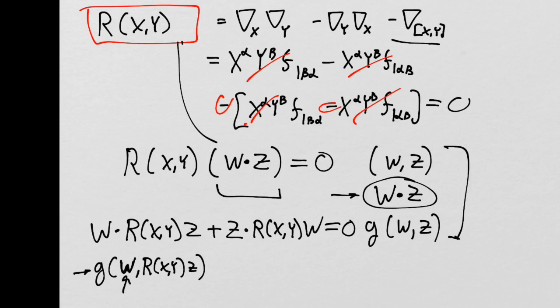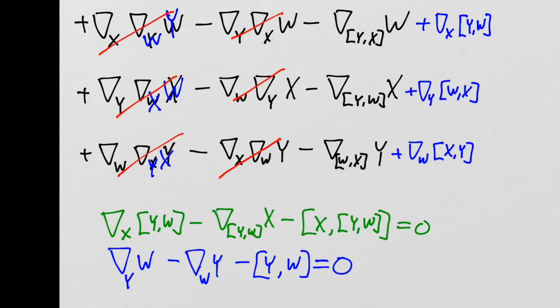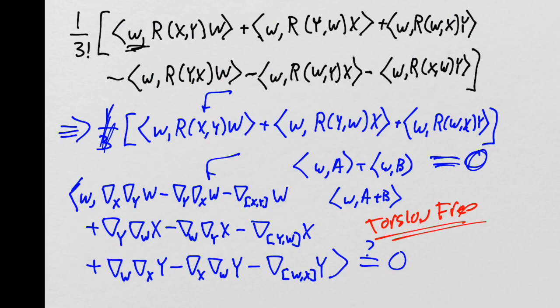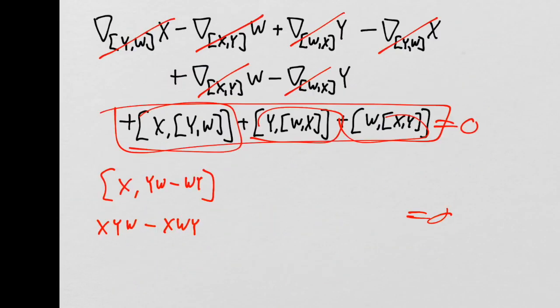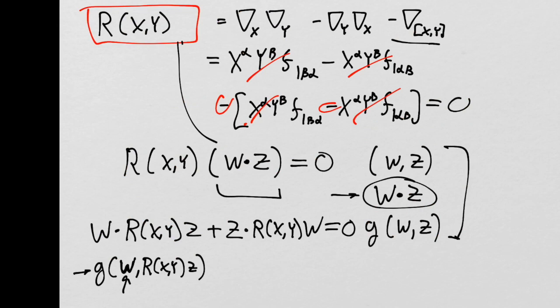In this case, it's a capital W, not to be confused with this omega I was using back here, which is a one form. But this guy here is a number. So this structure is an object that takes 1, 2, 3, 4 vectors and gives me a number.